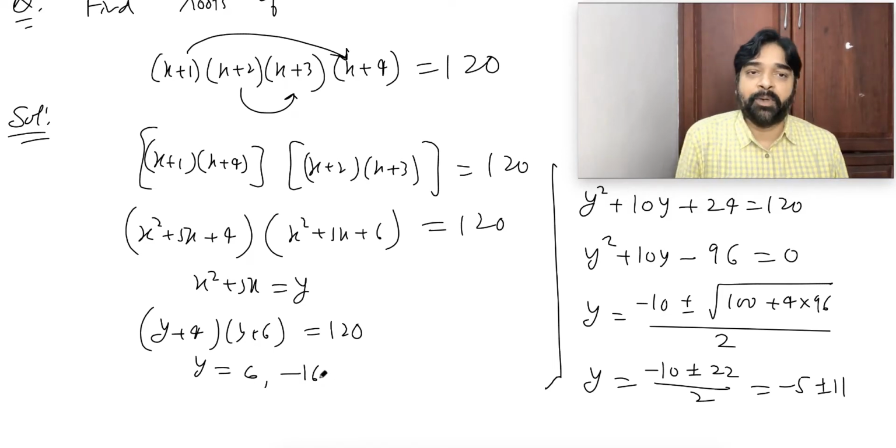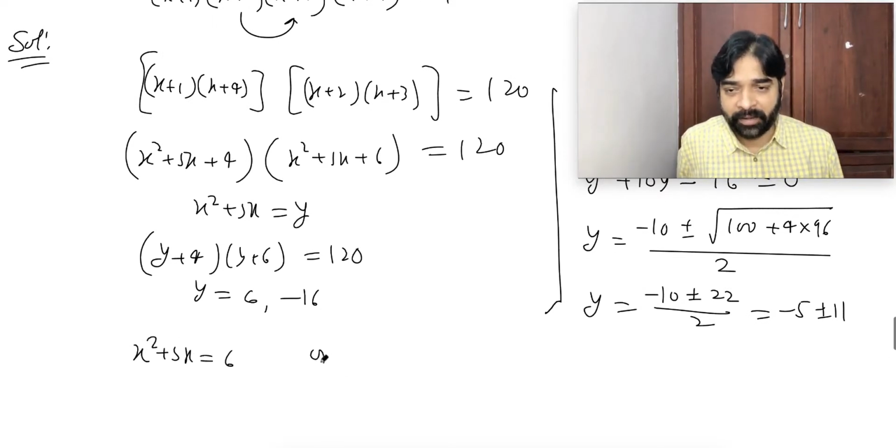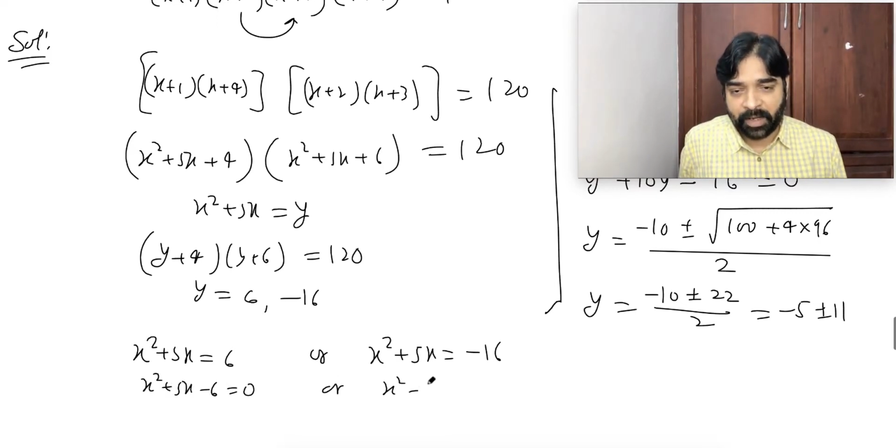Put back the y value. Y is x square plus 5x, so x square plus 5x equal to 6 or x square plus 5x equal to minus 16. So we'll get x square plus 5x minus 6 equal to 0 or x square plus 5x plus 16 equal to 0.